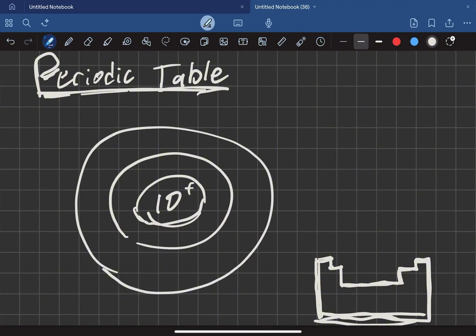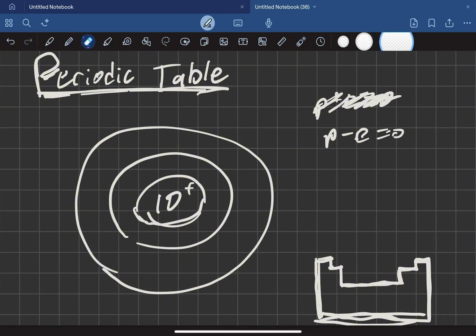It has infinite shells, really. We know there's going to be 10 electrons in this atom because we want protons plus electrons to equal 0, right? Or I should say protons minus electrons equals 0. The charge of the protons plus the charge of the electron should equal 0.